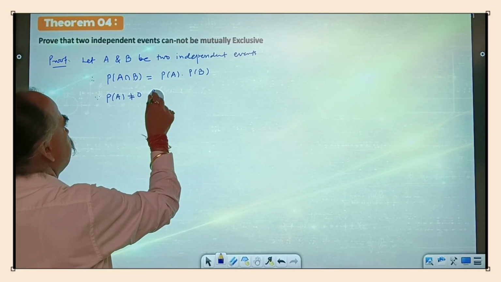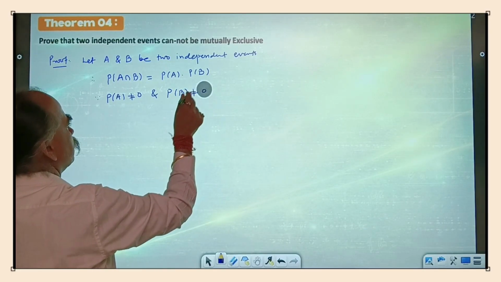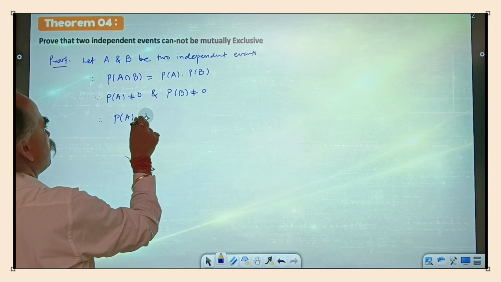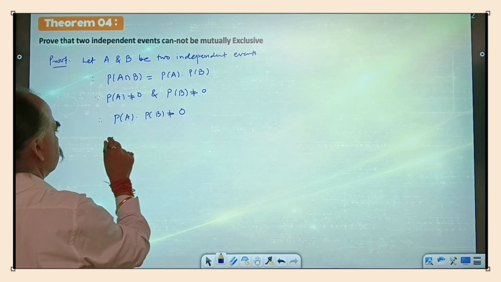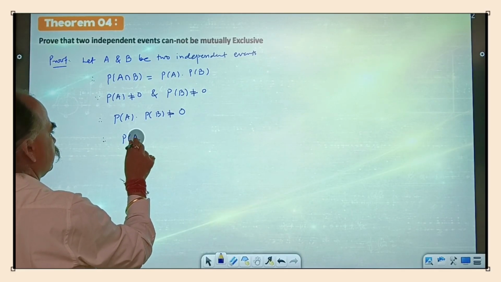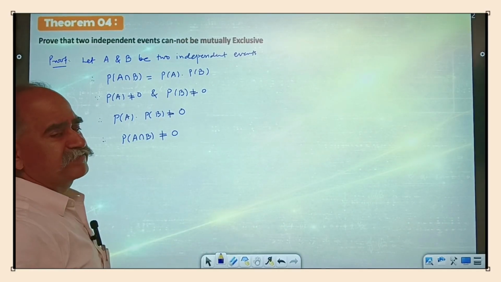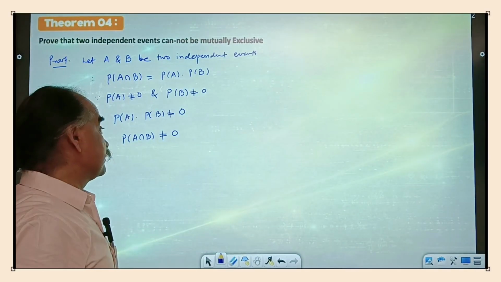Therefore P(A) cannot be 0 and P(B) also cannot be 0. So their product cannot be 0. P(A) into P(B) cannot be 0, which means P(A intersection B) cannot be 0. If P(A intersection B) is 0, then A intersection B will be empty. And P(A intersection B) is non-zero.